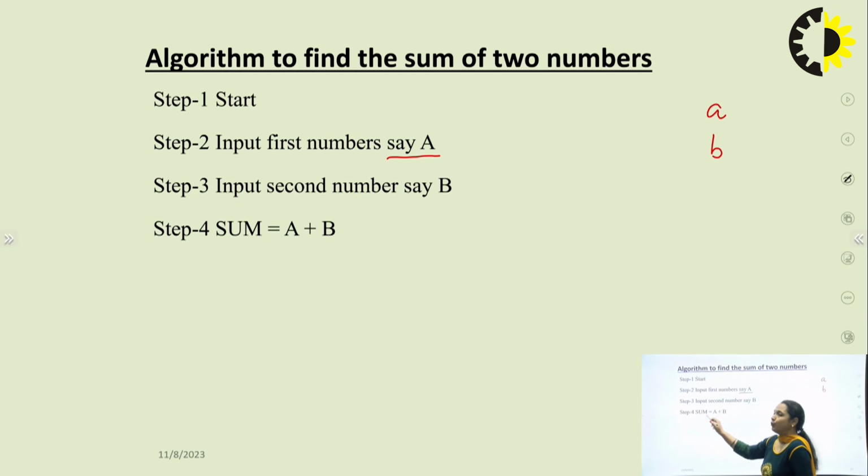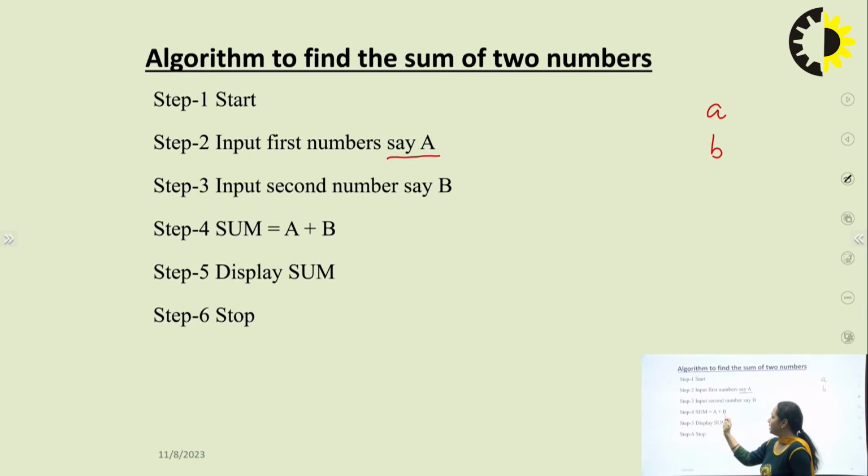Next is the formula. As we have taken input A and B, now is the step for the formulation, that is implementation. The implementation part says sum equals A plus B, as we are adding two numbers. So a variable sum will take the addition of the two variables with the help of the plus operator. The last step will be display sum.